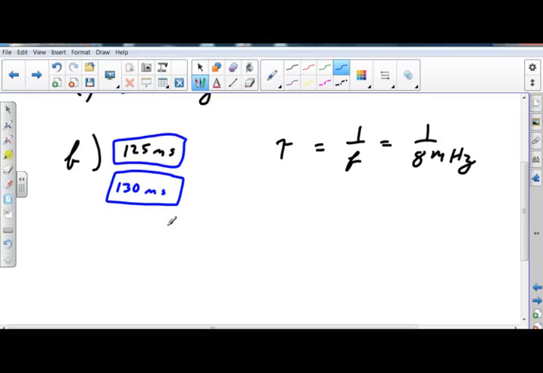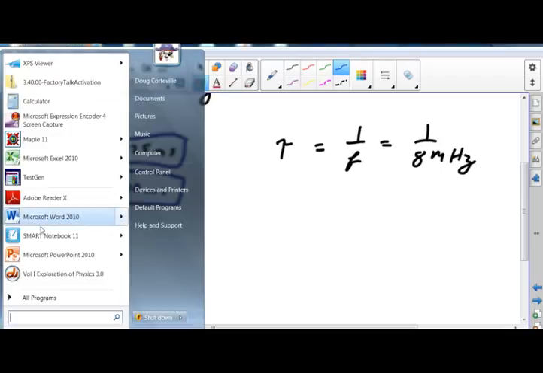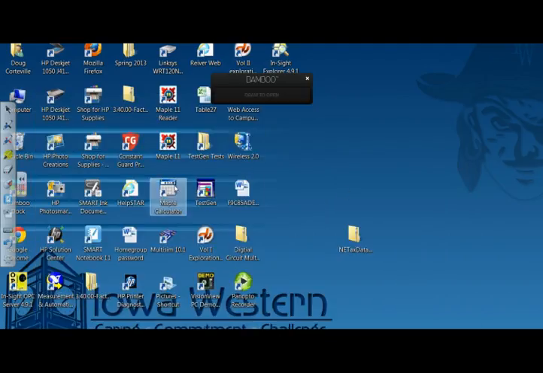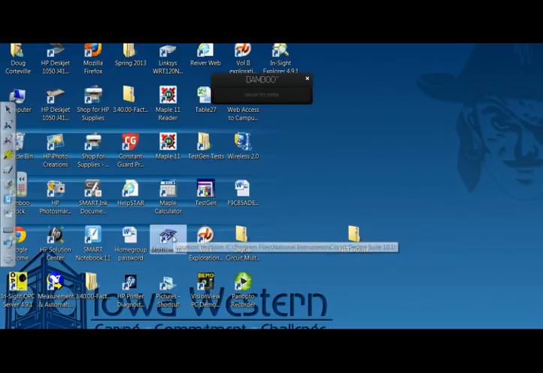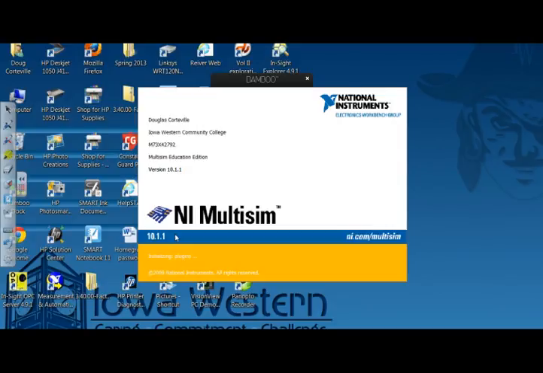Okay, now we got 3 more problems to do. So we're going to start Multisim. Where's my Multisim program? There it is. Because I've already downloaded all the files on Tuesday, they're still on my laptop, on my desktop, right?